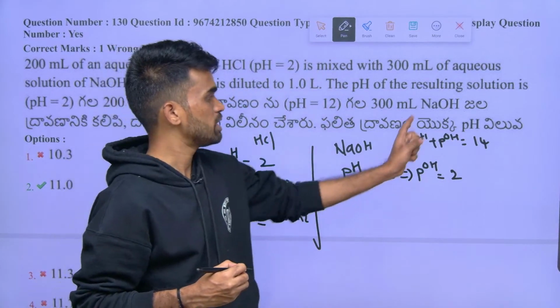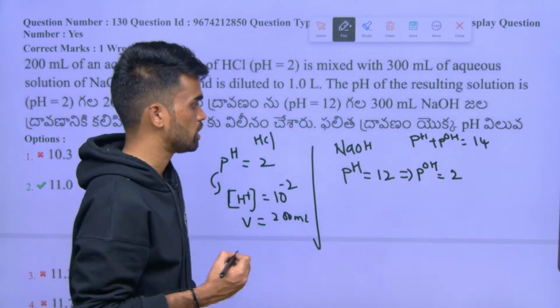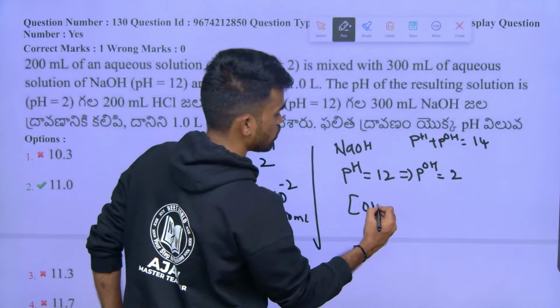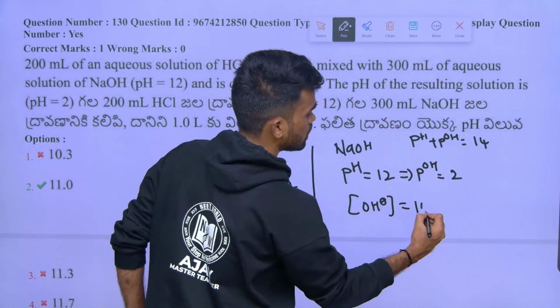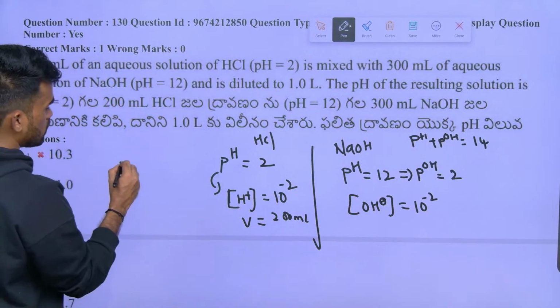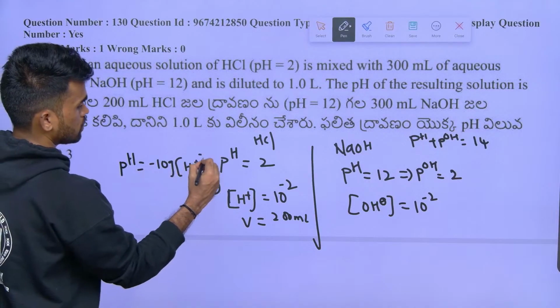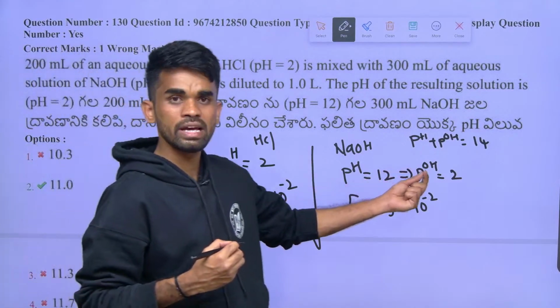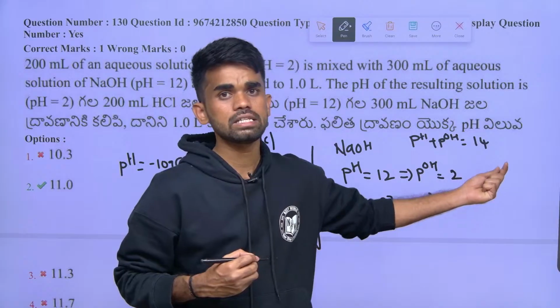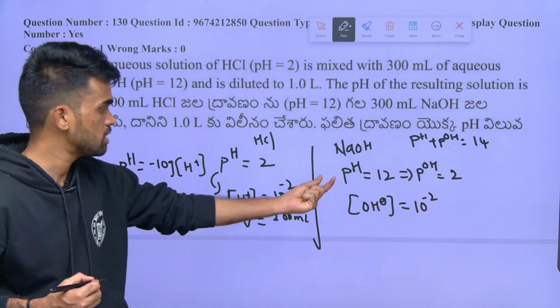Moving pH to the other side, 14 minus 12 is 2. So the concentration of OH minus will be 10 power minus 2. We got these values because pH is minus log concentration of H plus, and similarly pOH is minus log concentration of OH minus.